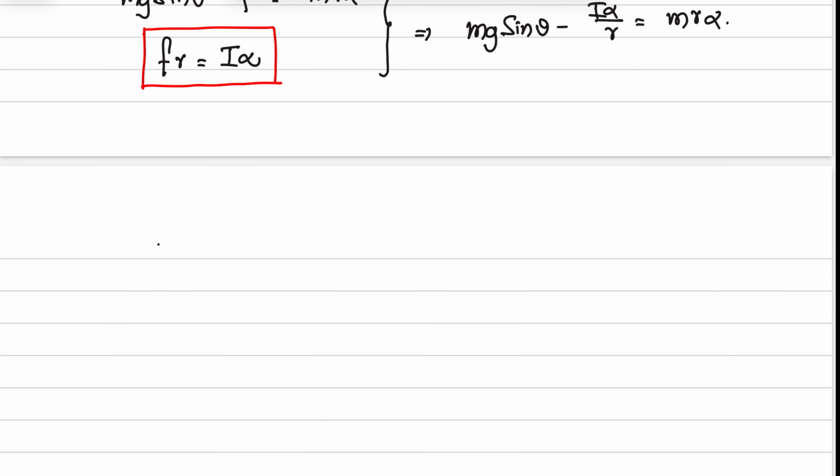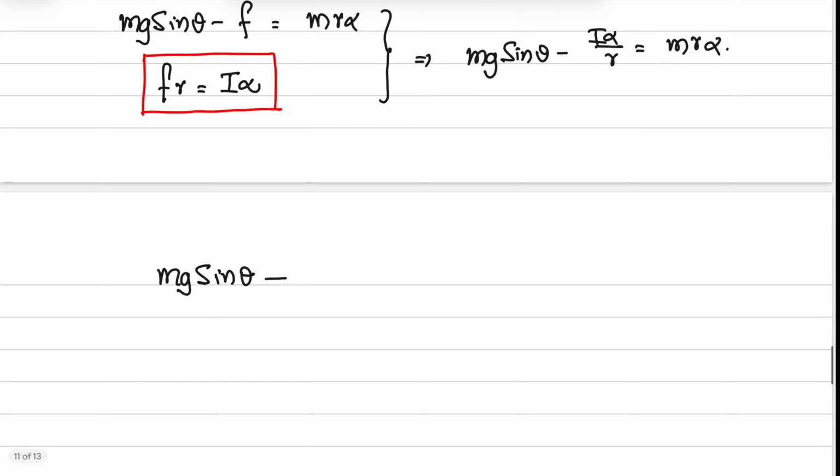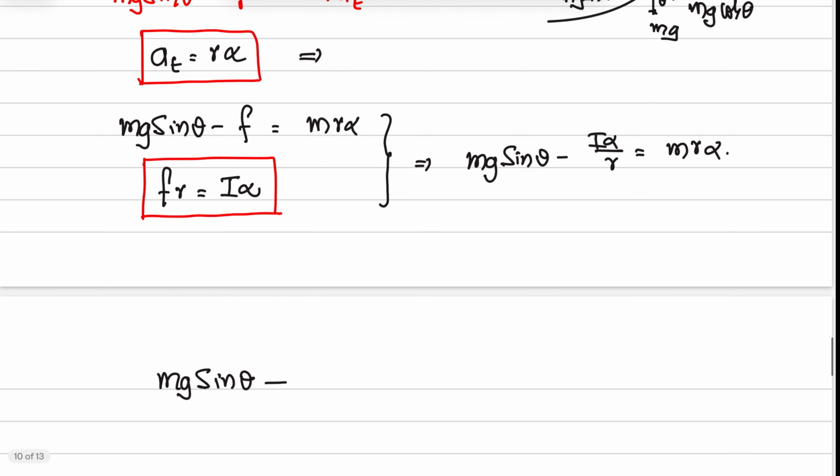In terms of At, we will write mg sin theta minus alpha by R is equal to, alpha by R will be At by R square.